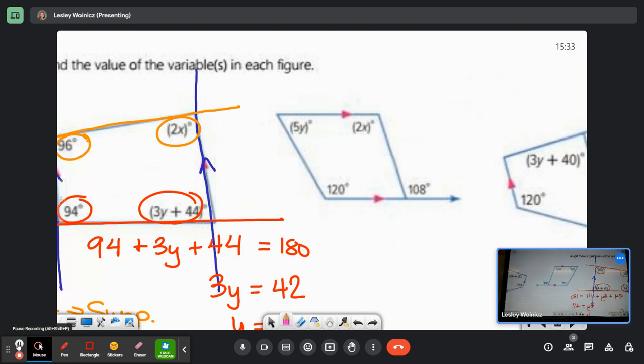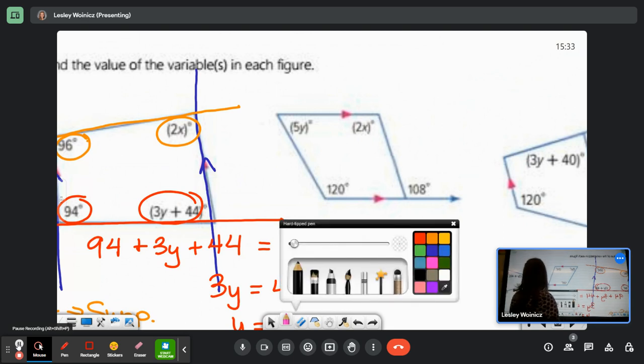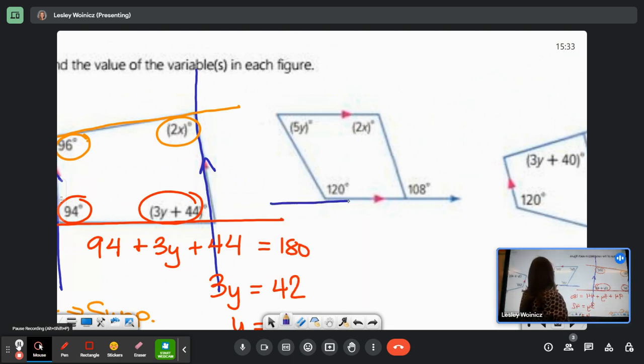What do you see? Okay, here's my parallel lines. What angle relationships do you see? Start with 108 because that's one of the ones you know.